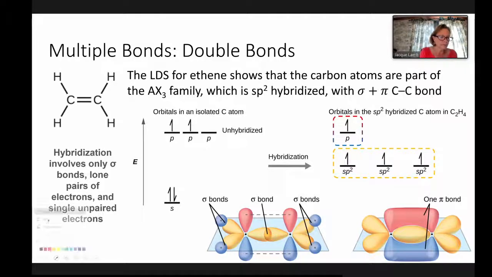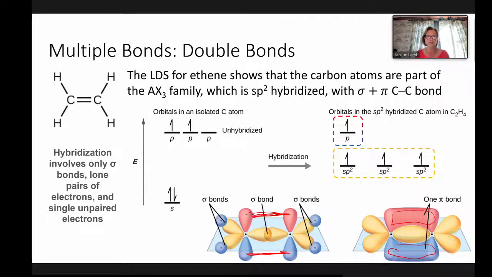So the side-to-side overlap above and below between those 2 p lobes, pictured over here as this big area in space above and below the axis of the nuclei, that's the unhybridized p's side by side forming the pi bond.